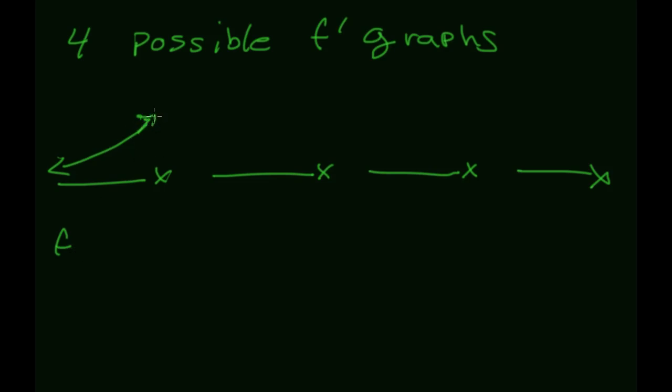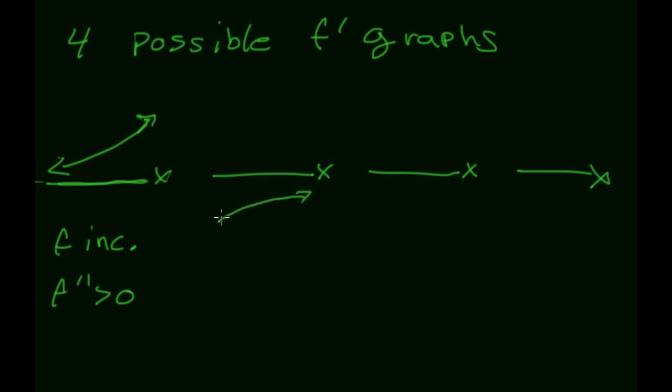In this graph, f prime is increasing and positive. So this means that f itself is increasing because I'm above the x-axis, and f double prime is bigger than 0 because that's giving me positive.